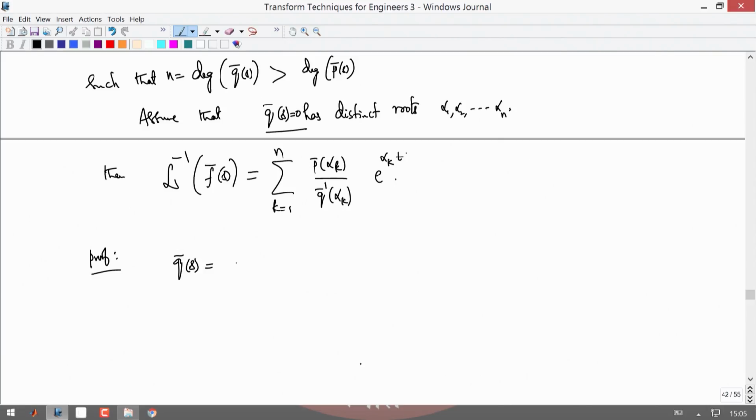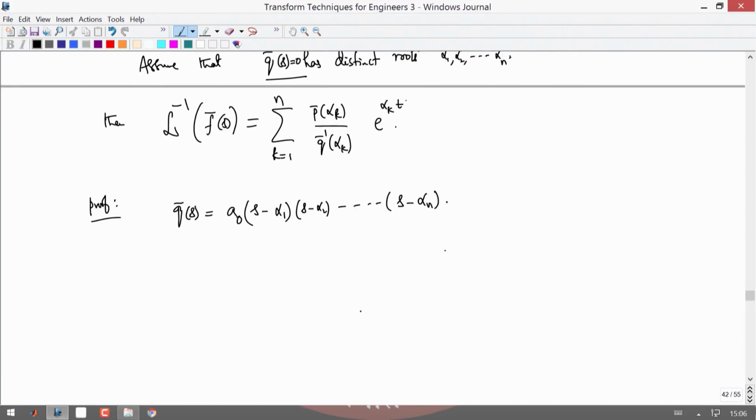So q bar is a polynomial, and I can write it as some constant a naught times s minus alpha 1, s minus alpha 2, and so on, up to s minus alpha n. Then you have f bar of s, which is p bar of s divided by q bar of s.